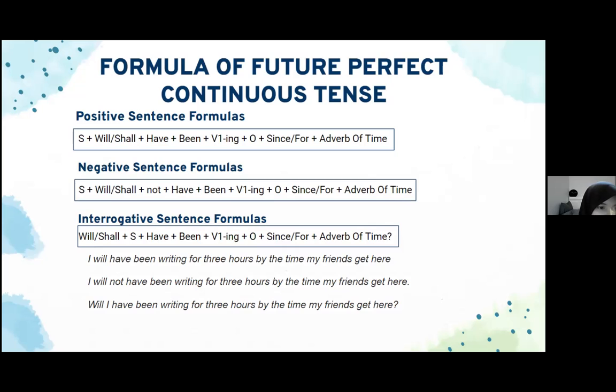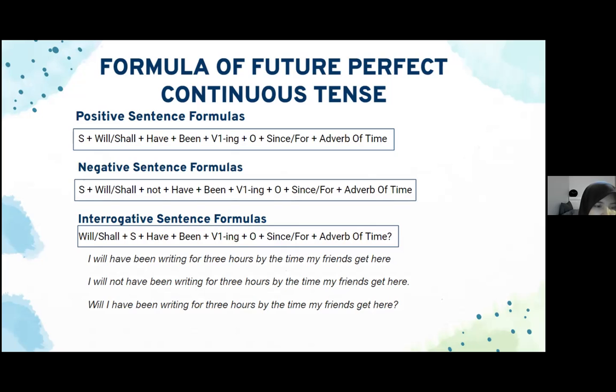Third, interrogative sentence formulas. Will or shall plus subject plus have plus been plus verb one plus ing plus object plus since or for plus object of time. Example, I will have been writing for 3 hours by the time my friend get here.